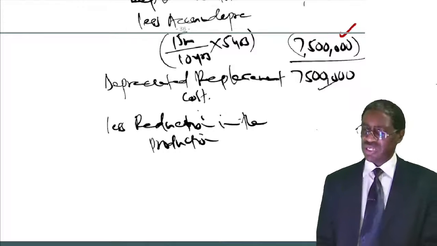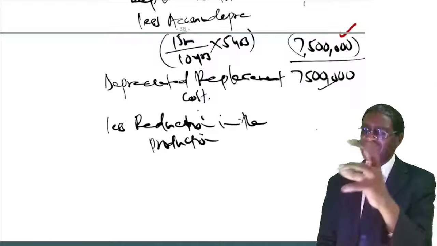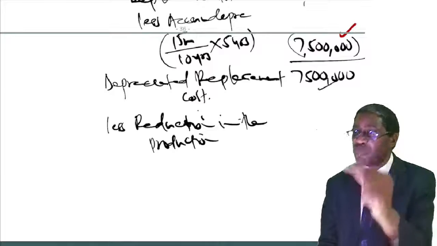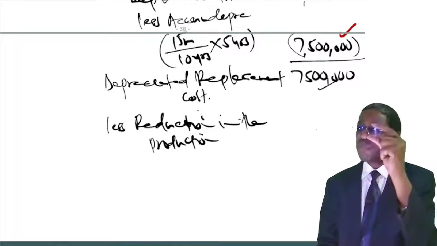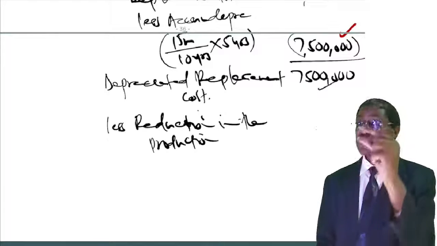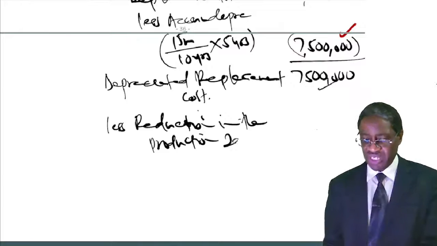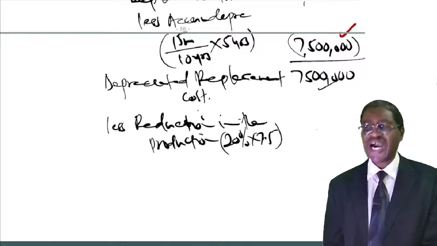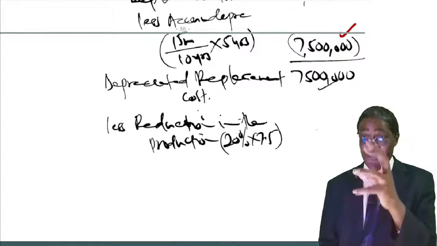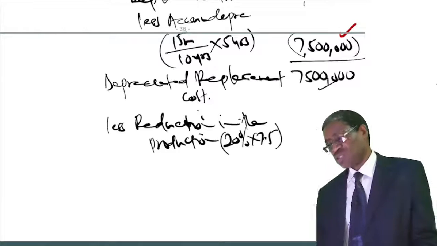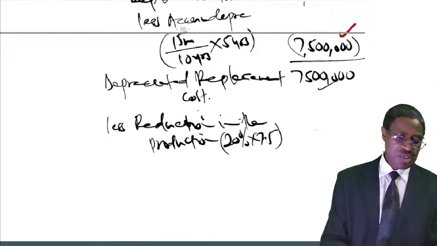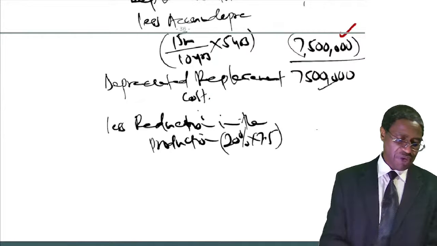If you are told it has lost 20% of its efficiency, then you take 20% of the depreciated replacement cost. It will be 20% of 7.5 million. That would become the reduction in the efficiency of the asset. Let me calculate what is 20% of 7.5. 20% of 7.5 is how much?